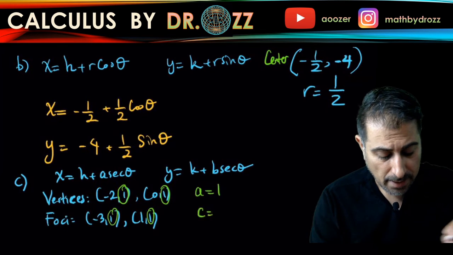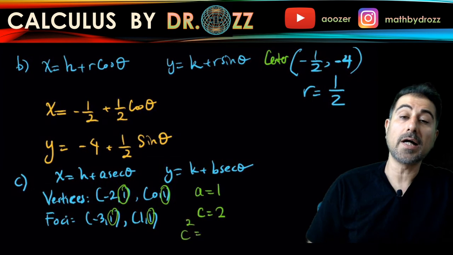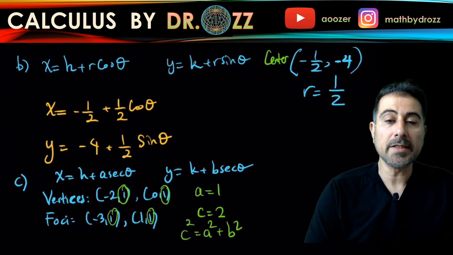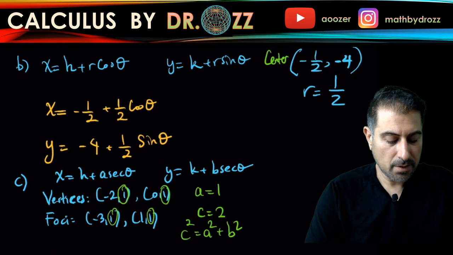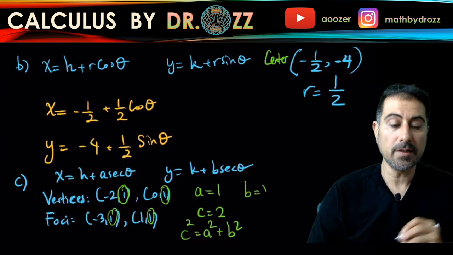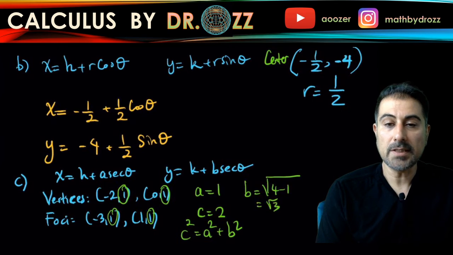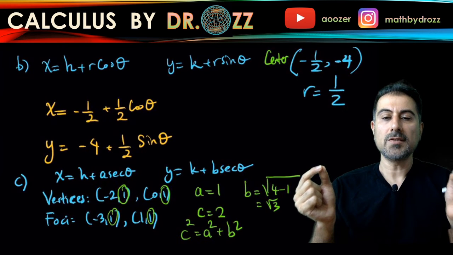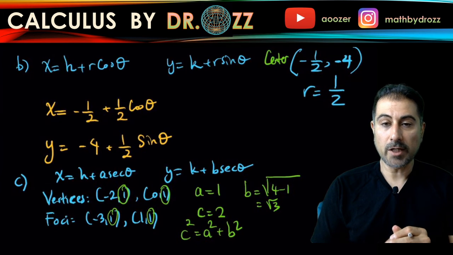I need b, and I want to use the relationship between a, b, and c. c squared equals a squared plus b squared. In other words, b squared equals c squared minus a squared. So b then is the square root of 4 minus 1, that is radical 3. So now I know a, b, and c. Well, we don't know h and k yet, but we can easily find that because we have the vertices: the midpoint in between two vertices is the location of the center.